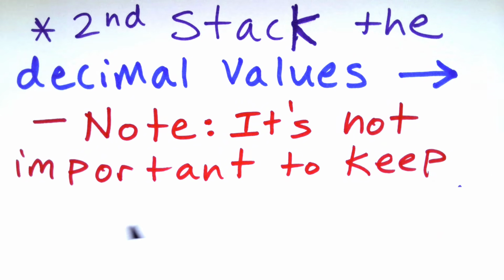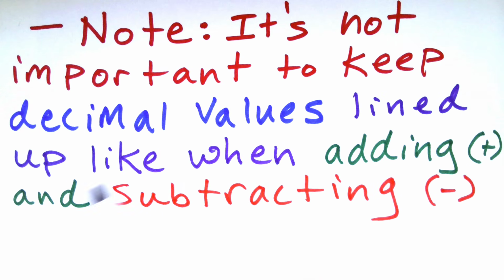It's not important to keep decimal values lined up like when we add and subtract decimals. You don't need to line them up, although in this example they'll be lined up. But I have a second example with the same two multiples where they don't line up, because I want to show this is an important point. You're counting the digits to the right of the decimal. You're not stacking them up like you do when you add and subtract.